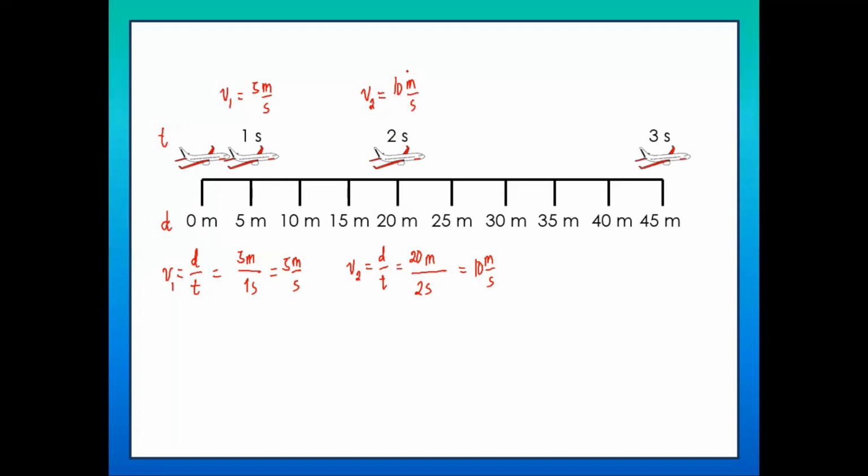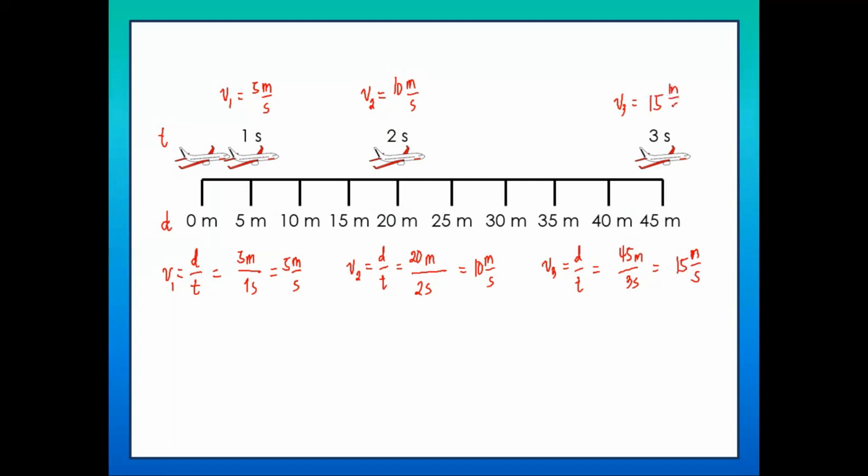Now, the airplane moves at 3 seconds here. So we'll be using these values, using the same equation to get the value for v sub 3. So d over t, we have 45 meters over 3 seconds. The answer is 15 meters per second.